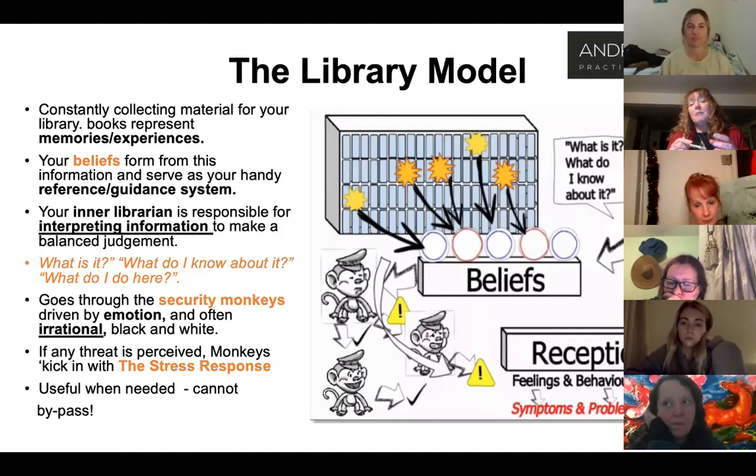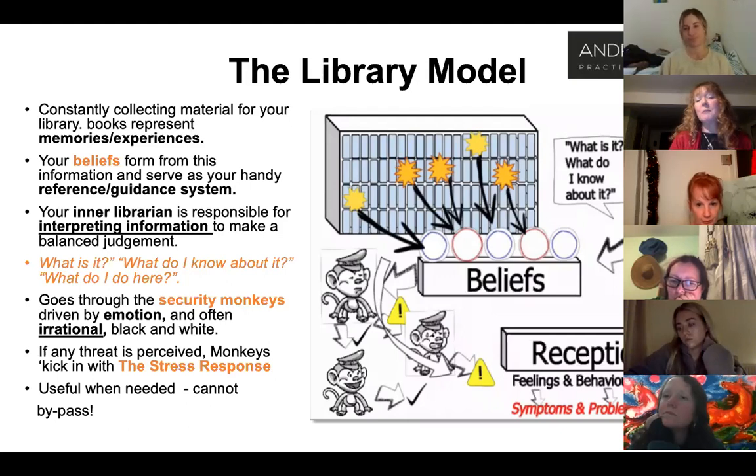Then you've got the inner librarian, who is desperately trying to work out how to perceive and interpret that information and these beliefs, but has to work against the security monkeys, who will sometimes create that stress response, often known as the fight-flight response, which again we'll come back to in a moment.